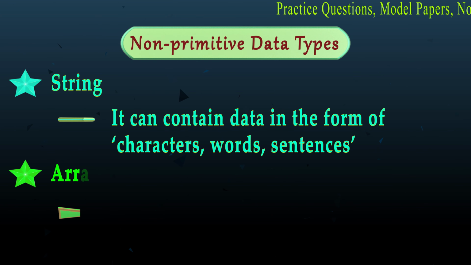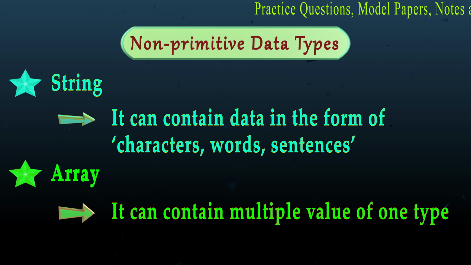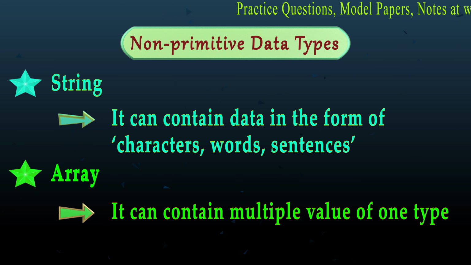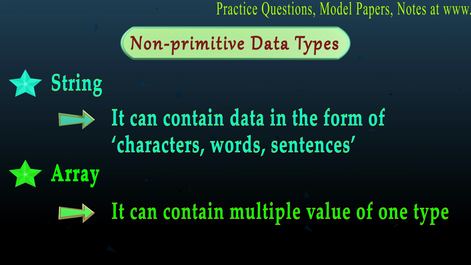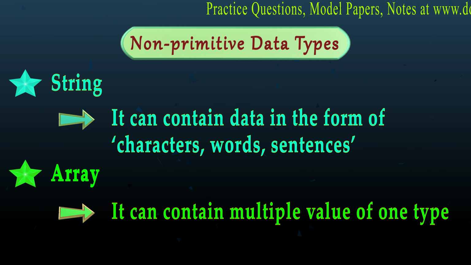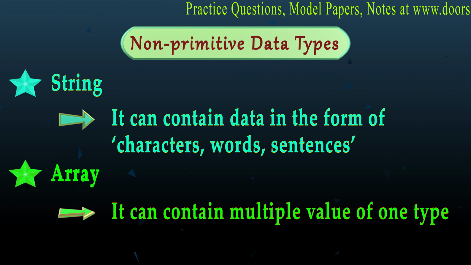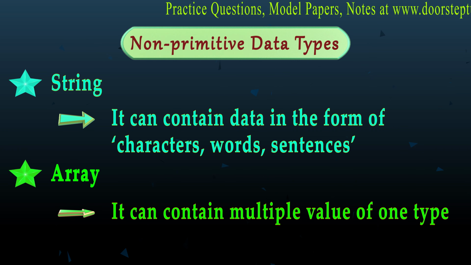Then array is used for taking multiple values of one type. Like if we want to represent values from 1 to 100, we can take an array. It will represent the 100 values. So basically non-primitive data types are made from the primitive data types, but in an extended and advanced way.